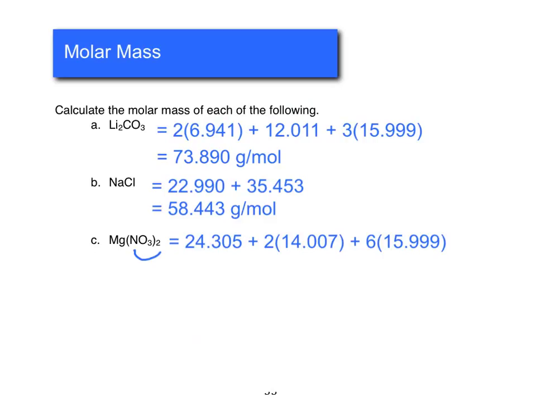And then there's 3 oxygens on the inside and then a 2 on the outside. We would multiply those 2 numbers when we distribute. So it's going to be 6 times 15.999, which is the mass of oxygen. And when you add all that together, you get 148.313 grams per mole.